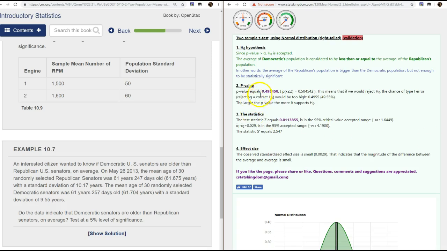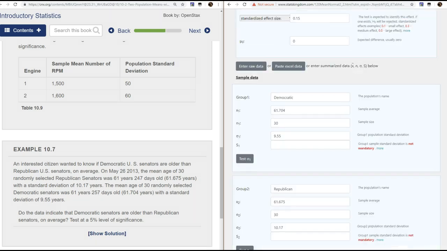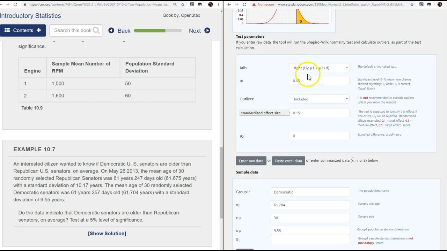Okay, our p-value is 0.4954, meaning p is greater than our alpha, because our alpha is 0.05, and our H0 is accepted. Our claim is the Democrats are older than the Republicans. That's our claim.